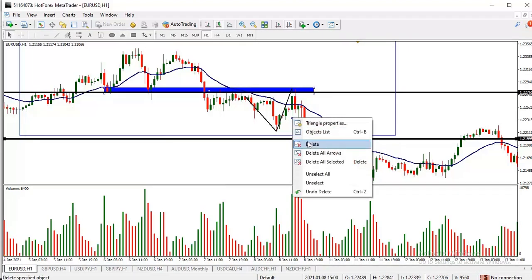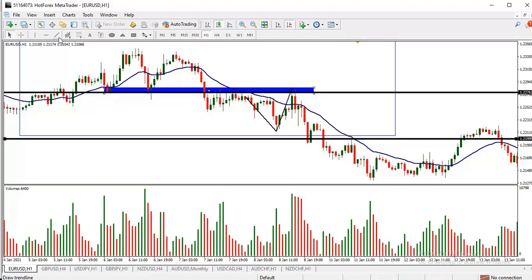With this, I'm trying to analyze these two candles. Let me highlight them. I'm trying to analyze what happened there. So what did they do? They took price up like this. Then the first candle was a what? A bullish candle that closes this way.